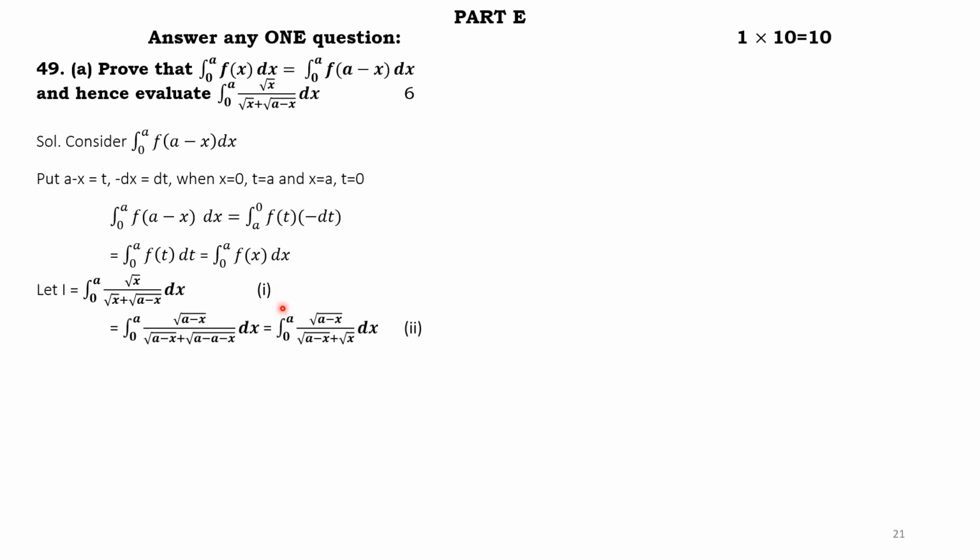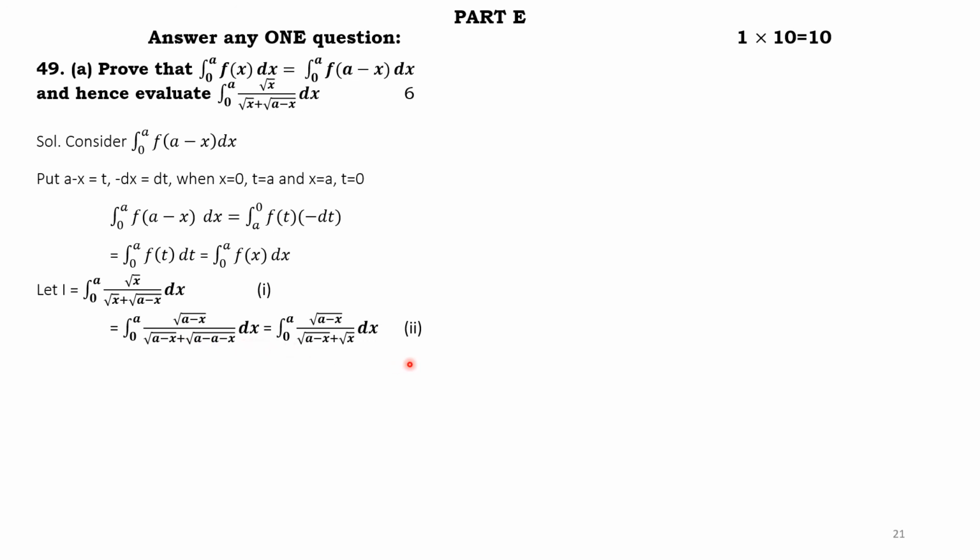Therefore, that can be written as integral 0 to a, putting x as a minus x, f of a minus x, that is equal to square root of a minus x divided by square root of a minus x plus square root of x, because x is a minus x. Therefore, dx.